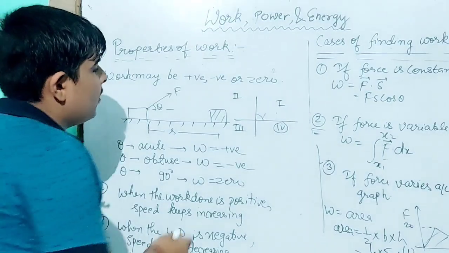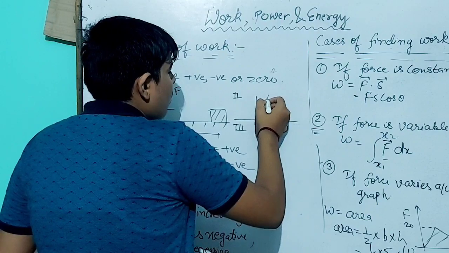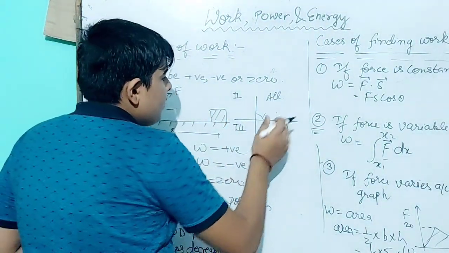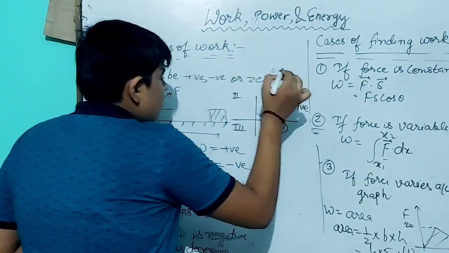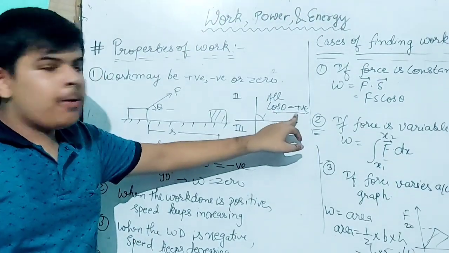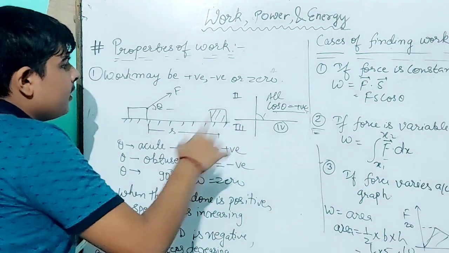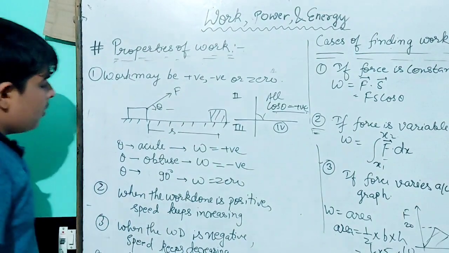As you are well aware, in the first quadrant all trigonometric functions are positive, therefore cos theta will be positive, and so the work will be positive.